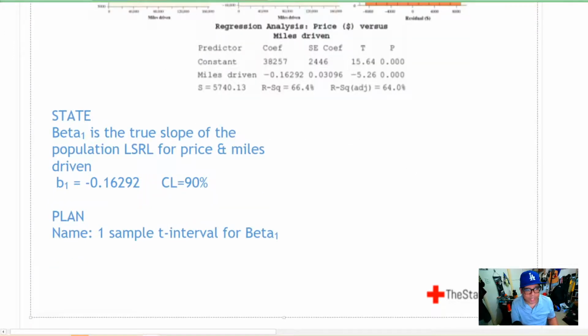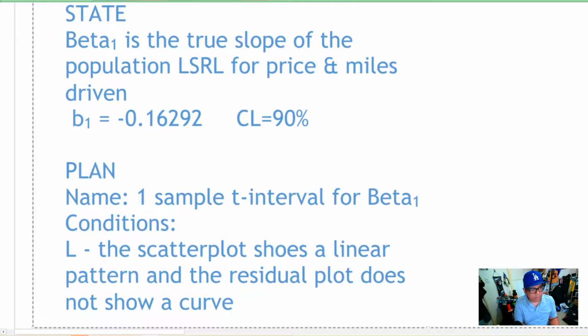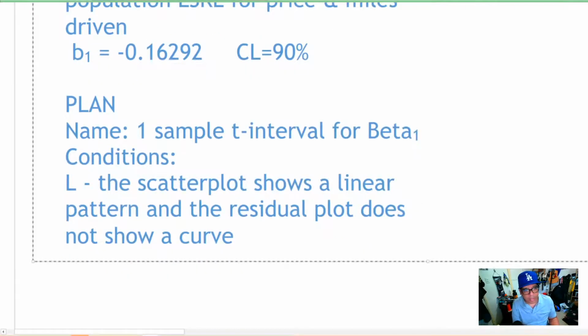The name of our test is a one sample t interval for beta 1. The conditions start with L. The scatter plot shows a linear pattern, and the residual plot does not show a curve. There's our L for LINER.